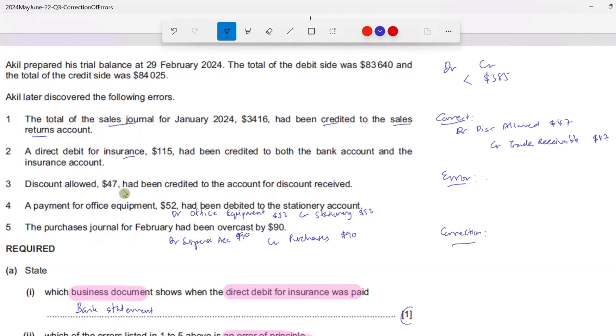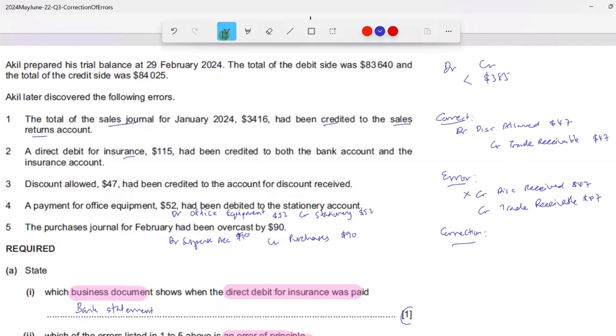However, we have an error here, right? This discount allowed has been credited to the account for discount received. Credited discount received $47. And credit trade receivable $47. Now to make the correction, we have to remove this error.